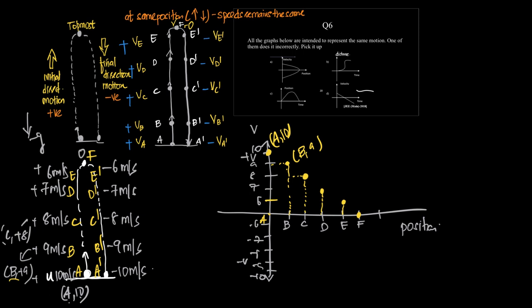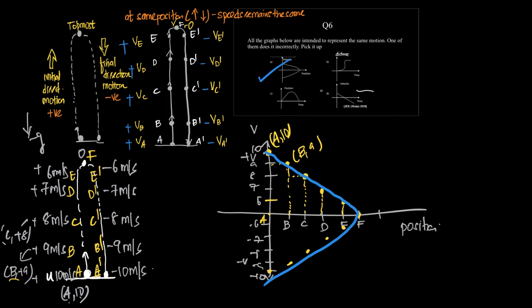Now, again, when it comes to E dash, it will be negative 6, D, negative 7, negative 8, negative 9, and when it is A dash, it will come to 10 again. So if you draw the curve, what you get is such a shape, right? Which coincides with what is given in option A, and therefore option A is correct. All right. So that is the explanation for the graph A.